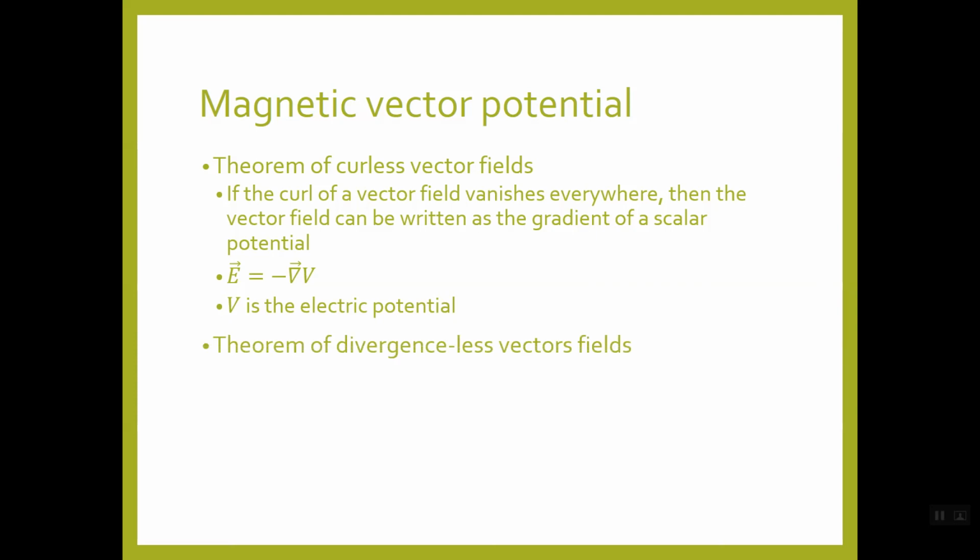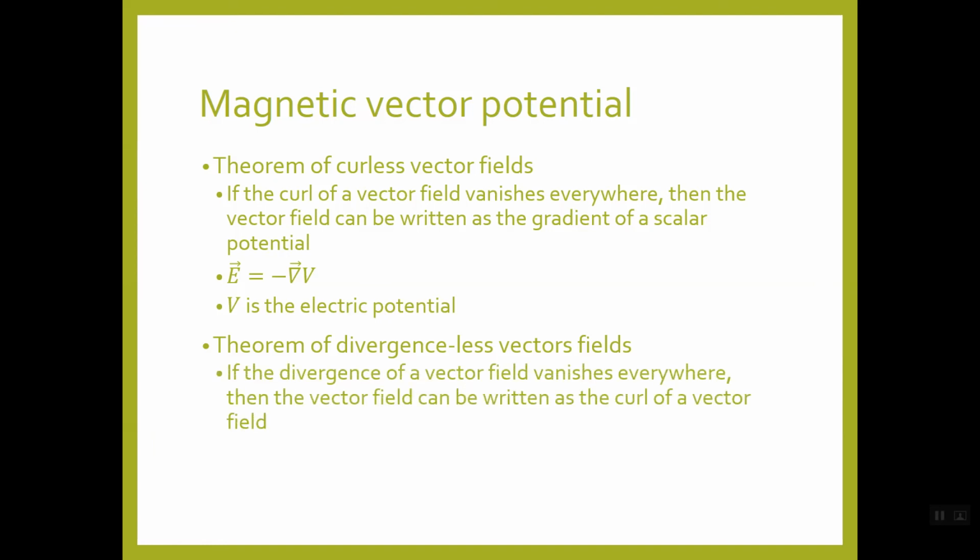There's another theorem, this time for divergence-less vector fields. If the divergence of a vector field vanishes everywhere, then the vector field can be written as the curl of a vector field. We know that our B field is a divergence-less vector field, so it can be written as the curl of a vector field that I'll call A, and that is our magnetic potential.